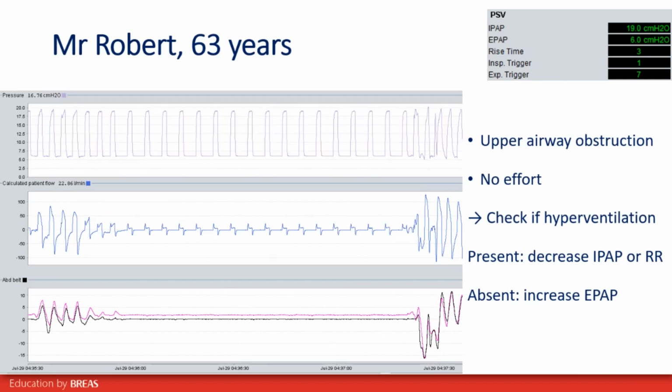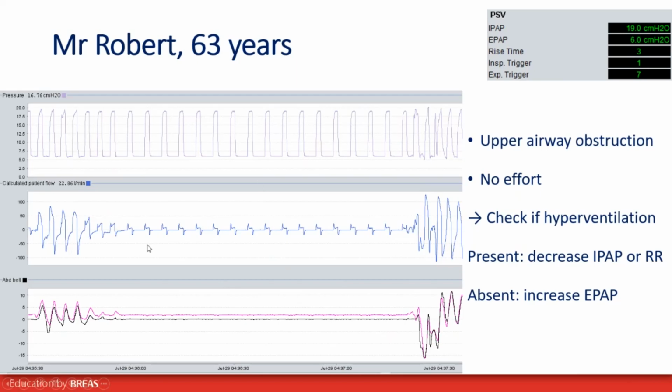First, we have to look if the decrease in the respiratory drive could be due to hypocapnia. You know that if we hyperventilate the patient, we may have hypocapnia, and we know that hypocapnia promotes the decrease in the respiratory drive with some kind of central apnea.